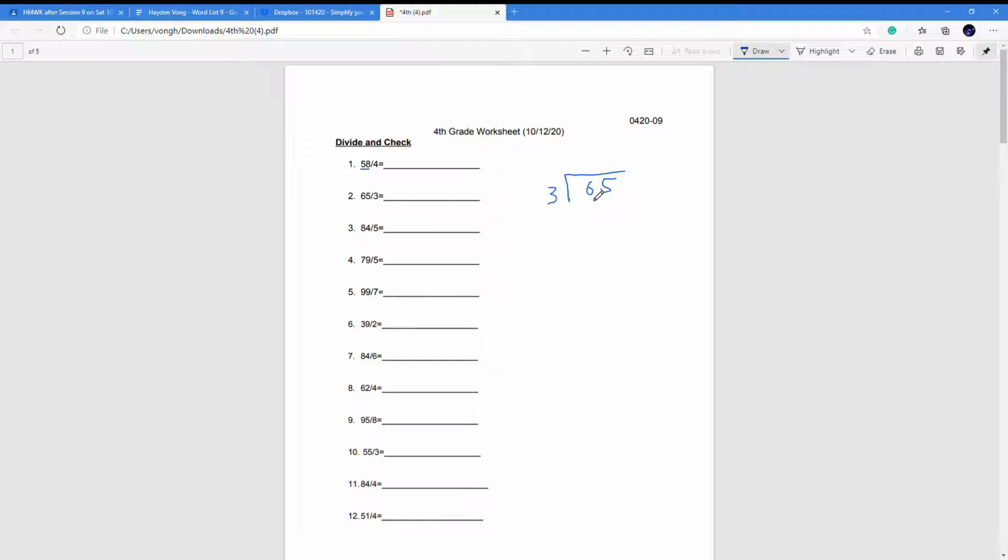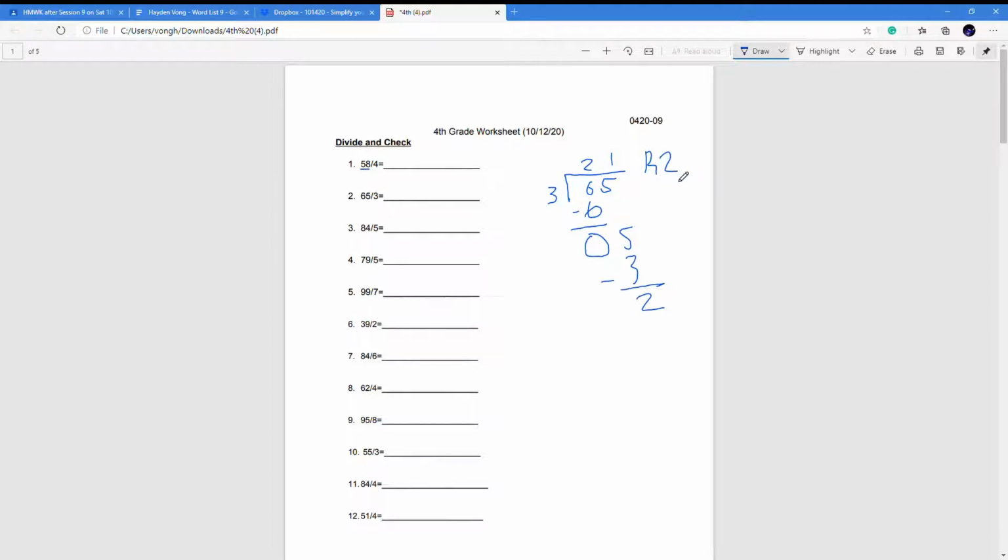Now how many times does 3 go into 6? 2 times, 3 times 2 is 6. You subtract, you get 0. You drop down the 5. Now how many times does 3 go into 5? Once, right? So 3 times 1 is 3. Subtract, you get 2. So your remainder is 2.